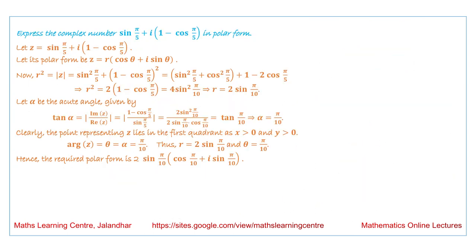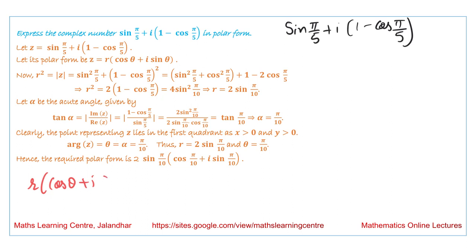Next is to express this number in the polar form. So we have the number sine of pi by 5 plus iota into 1 minus cos of pi by 5. First thing is, this is not in the polar form, because the polar form is r into cos theta plus iota sine theta, and over here we are not having the term sine theta.